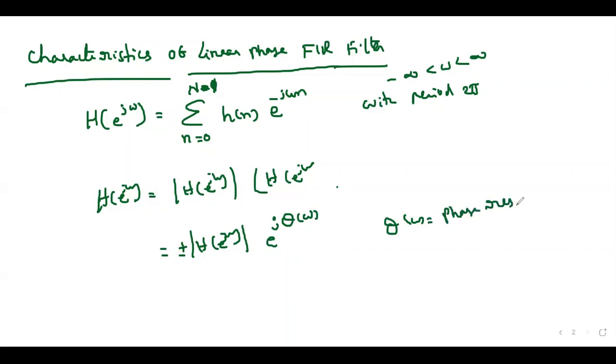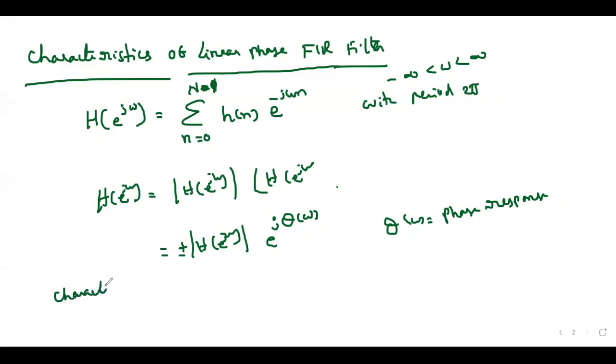So phase response. Now here theta of omega will decide the linear characteristics of the phase. So in order to study the linear phase FIR filter, we need to check two characteristics.